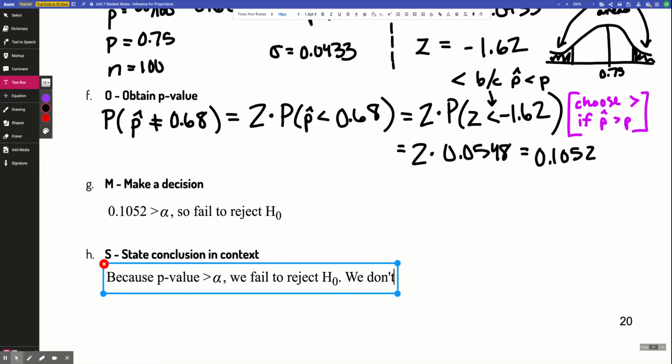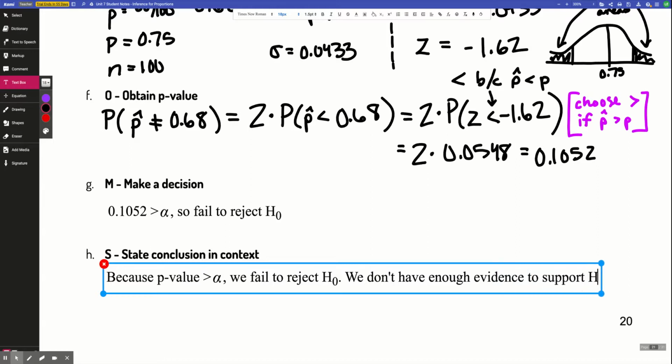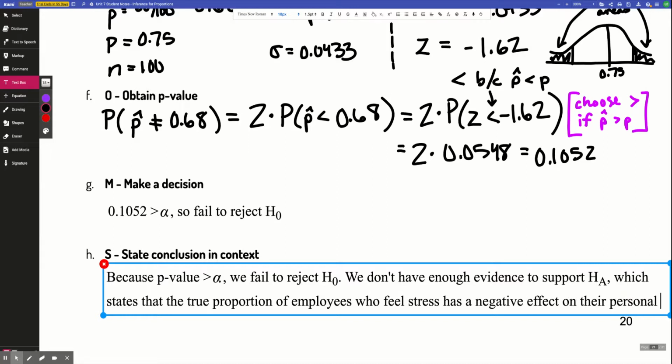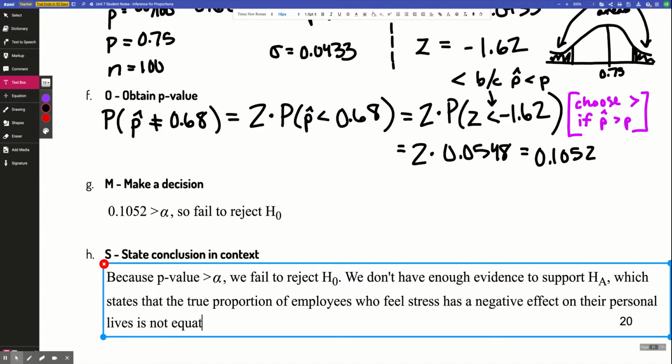And then we would say we don't have enough evidence to support the alternative hypothesis, HA, which states that the true proportion of employees who feel stress has a negative effect on their personal lives is not equal to 0.75 for this chain.